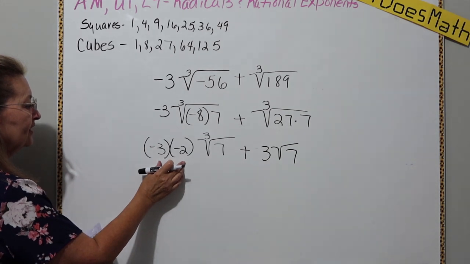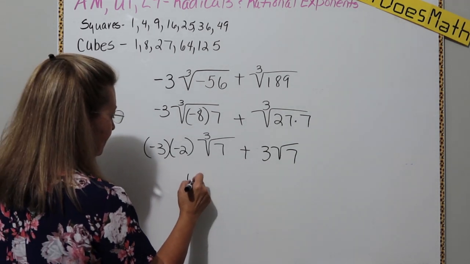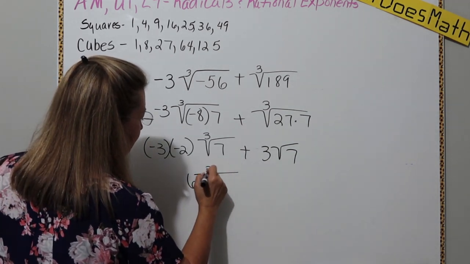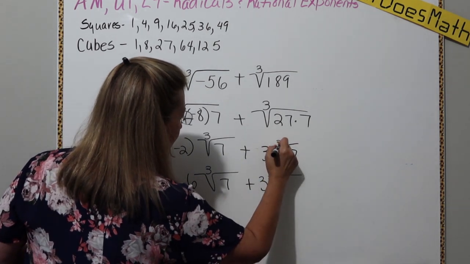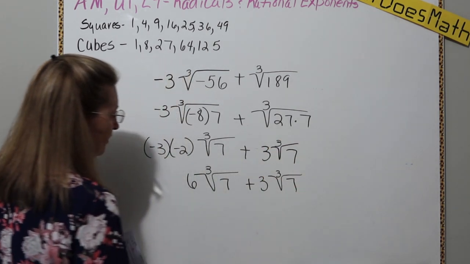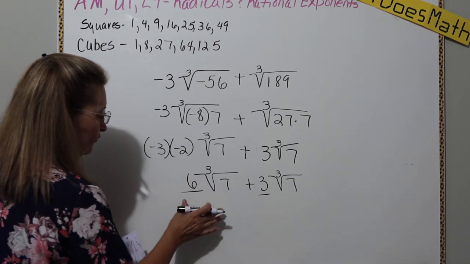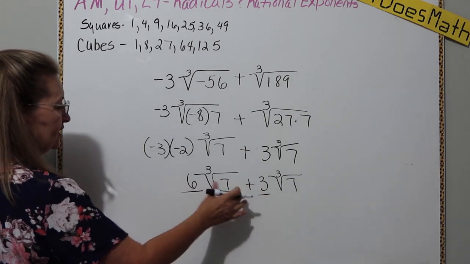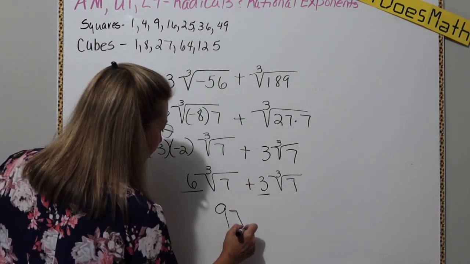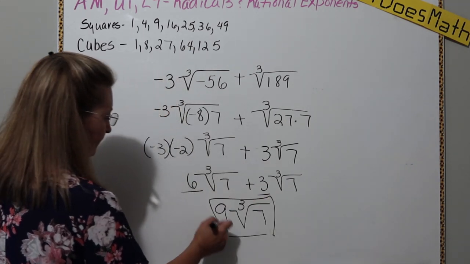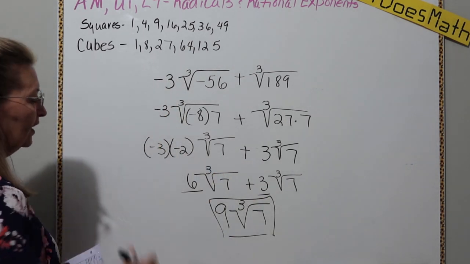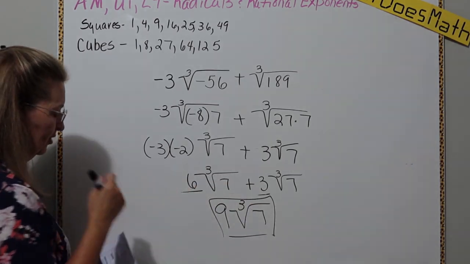And then to simplify this, negative 3 times negative 2 is 6. So I have 6 times the cube root of 7 plus 3 times the cube root of 7. Adding the coefficients, or the numbers out here, 6 plus 3 is 9 cube root of 7. So simplify and then add the coefficient number.